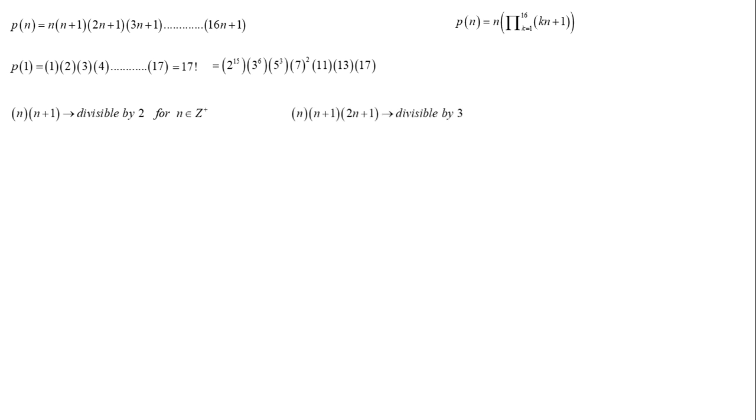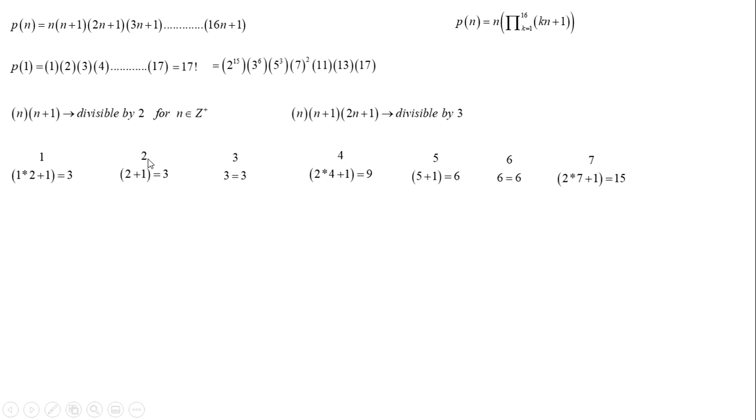Similarly, we can use the same idea for n times (n plus 1) times (2n plus 1). It is always divisible by 3. We can use induction to make a proof for it, and we can also use another method, which is observing the sequence pattern. For example, when n equals 1, the only number which will be divisible by 3 is 2n plus 1 here.